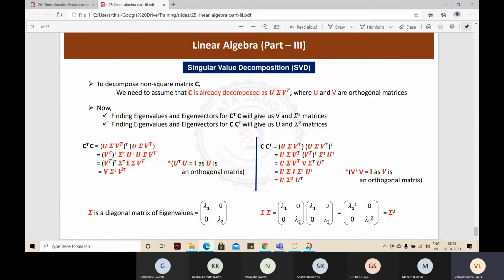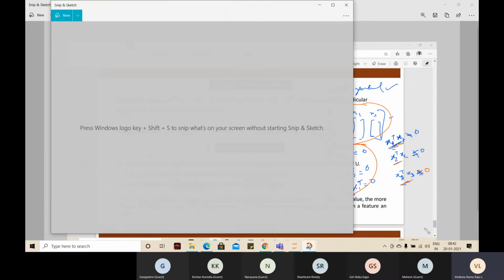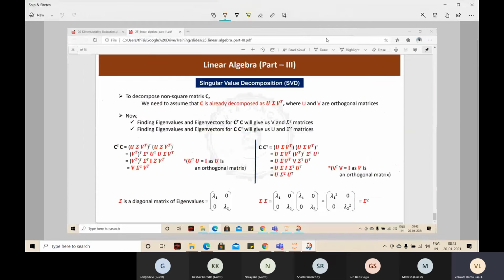If you assume that sigma square is some number or some matrix, how does it look? This C transpose C, is that a square matrix?